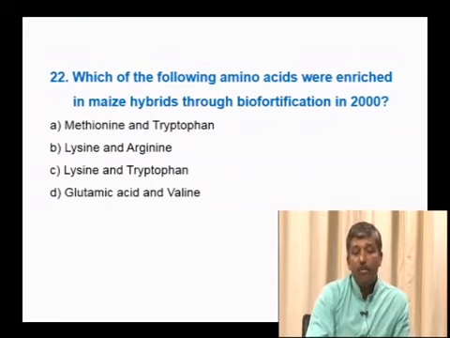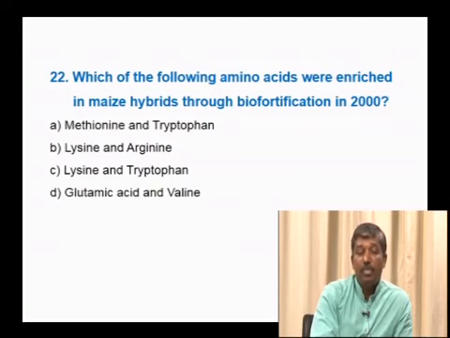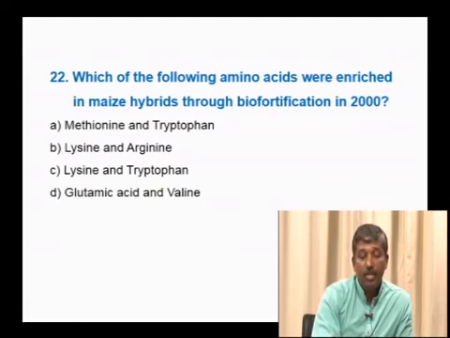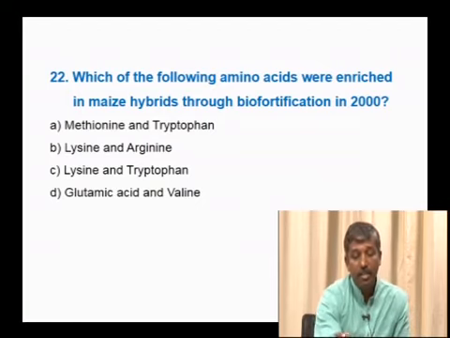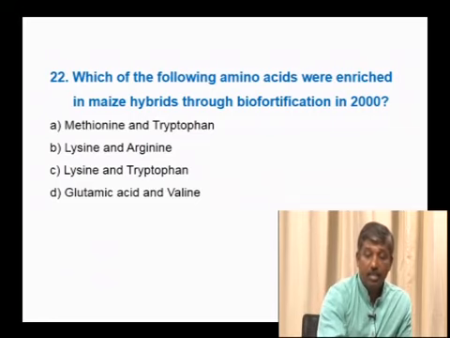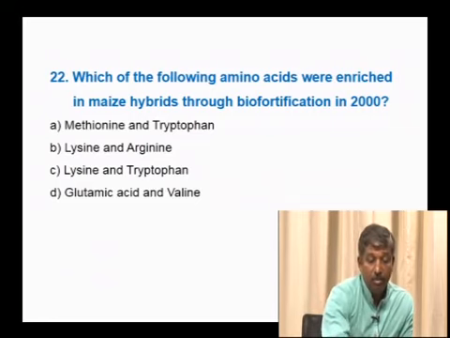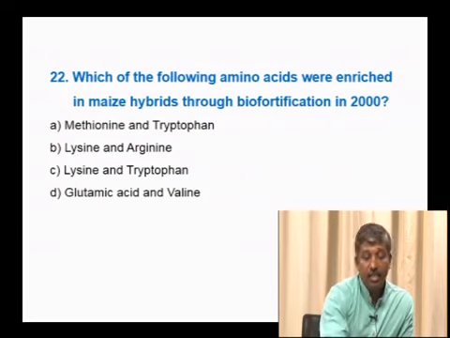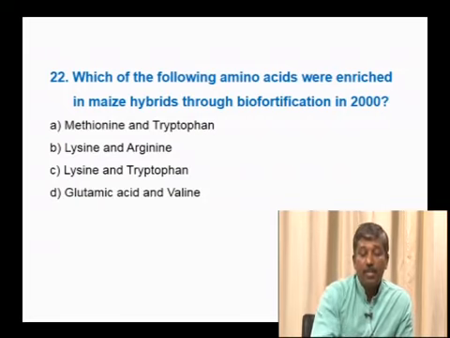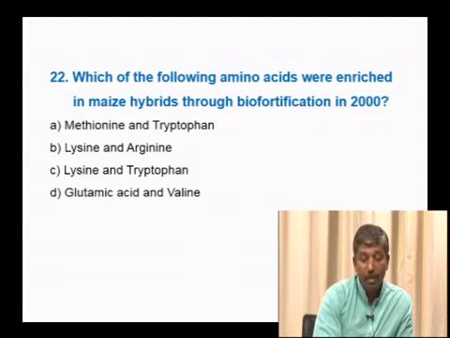So, which of the following amino acids were enriched in maize hybrids through biofortification in 2000? So, methionine and tryptophan are not the ones incorporated. Lysine and arginine are the two amino acids generally present in histone proteins.